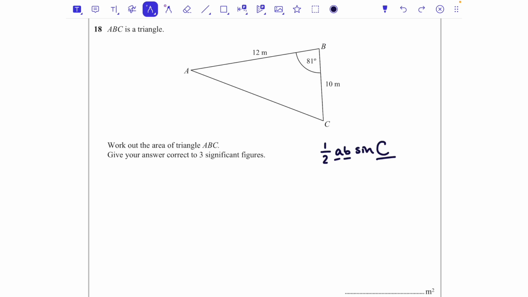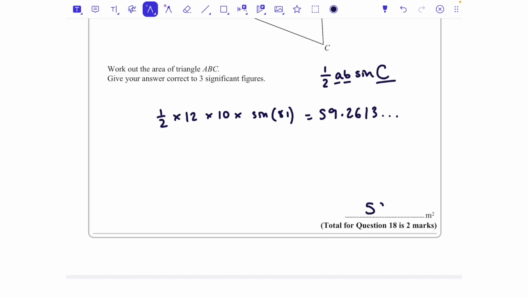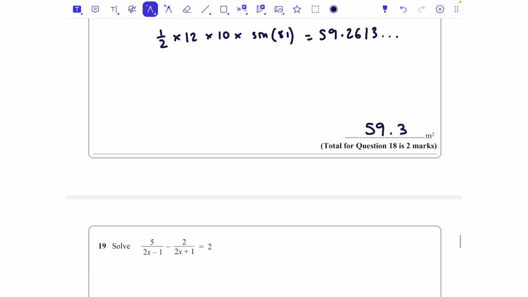You'd just be expected to know that you need 2 sides and the angle in between. So half times 12 times 10 times sine 81. Again, just typing that in our calculators. 0.5 times 12 times 10 times sine 81 gives us a value of 59.2613, to 3 significant figures, 59.3 meters squared for that one.